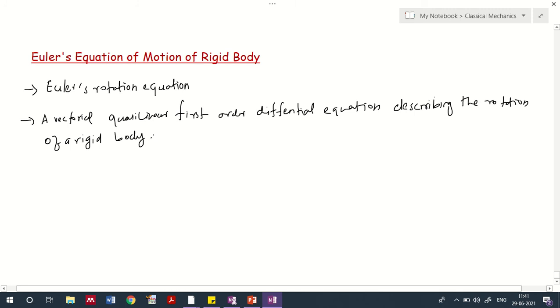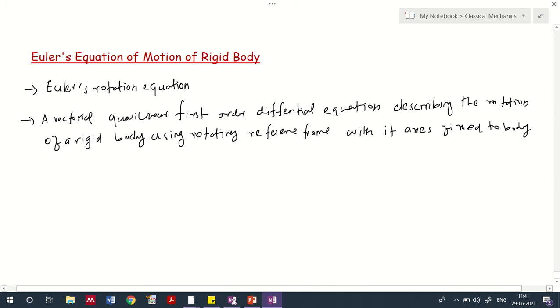So how do we use it? For that we use a rotating reference frame with its axes fixed to the body and parallel to the body's principal axes of inertia.